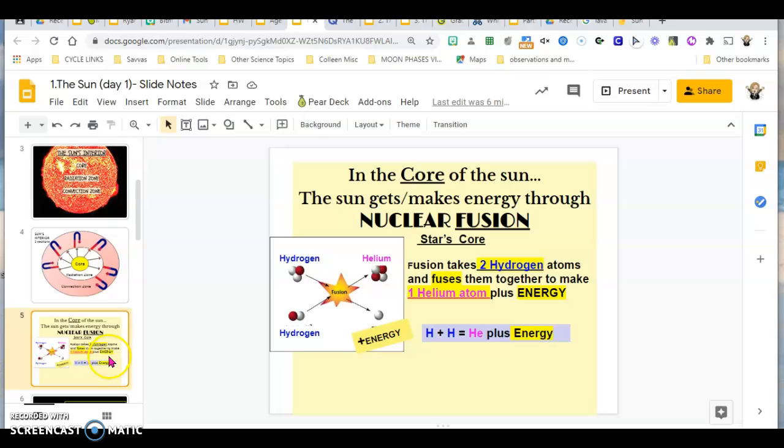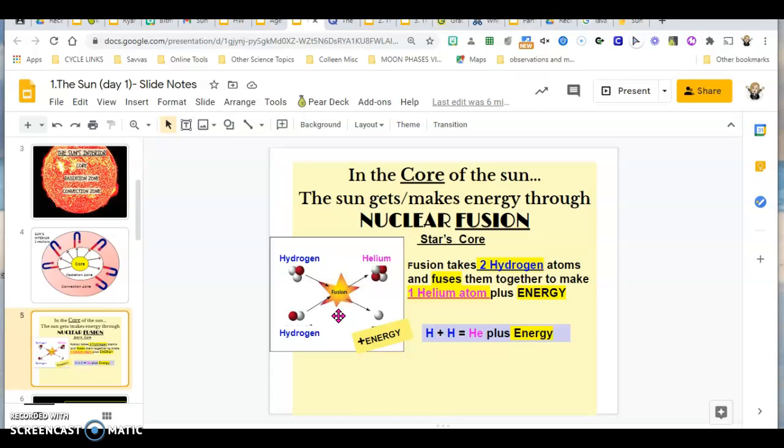I want to talk a little more about nuclear fusion that's happening in the core. Stars are the only objects that can create energy through nuclear fusion so far. What nuclear fusion does is it takes 2 hydrogen atoms and smashes them together so hard, with such force, that it fuses them, or makes them stick.